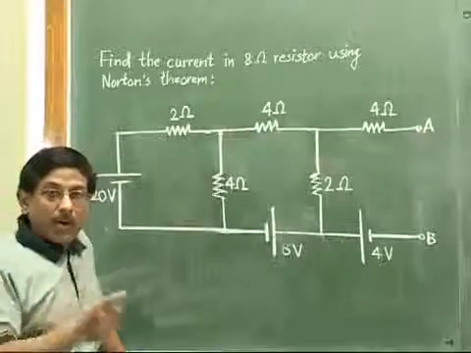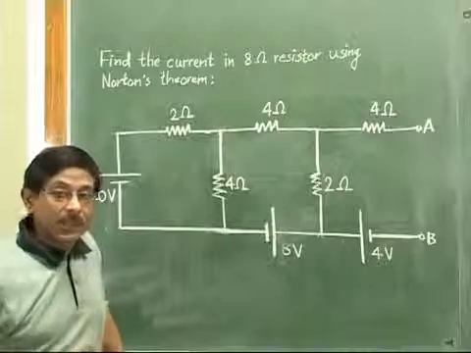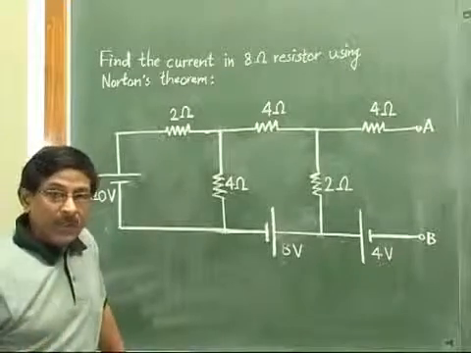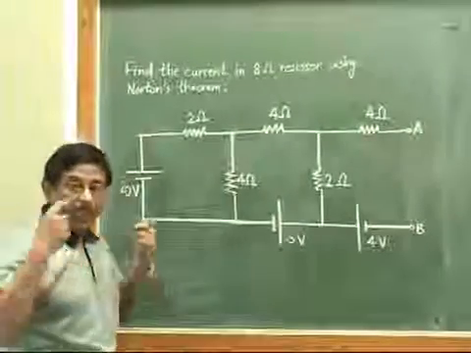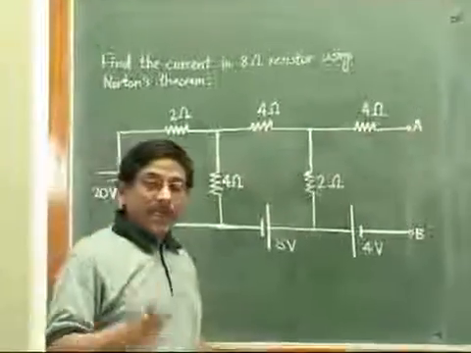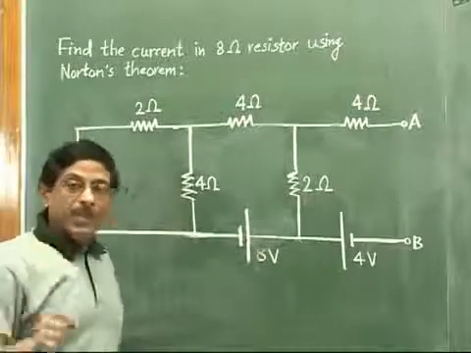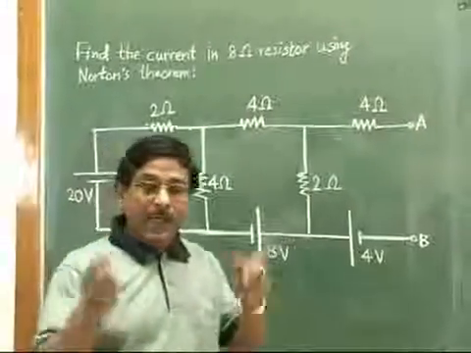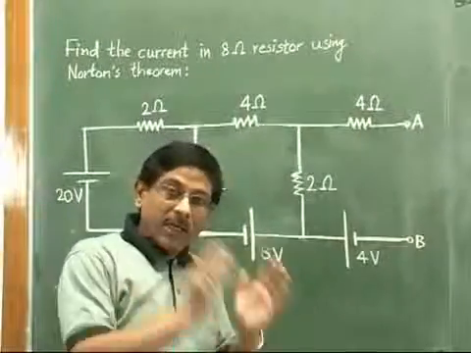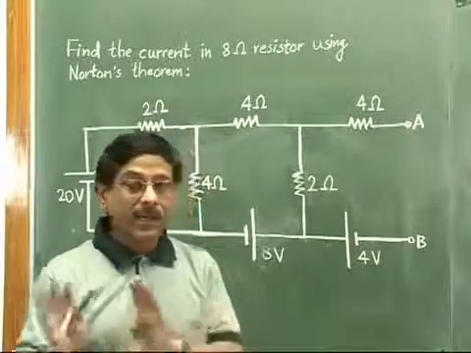For removal of power sources from the circuit, in order to make it entirely passive, we have to adopt certain rules. The rule is that if it is an ideal voltage source, it will be replaced by a short circuit. If it is an ideal current source, it will be replaced by an open circuit. And if the sources are not ideal, if they are practical, then let it be a voltage source or current source, they should be replaced by their internal resistances.